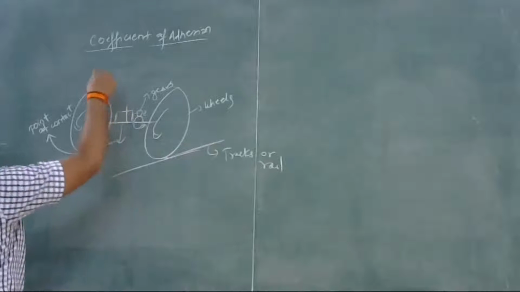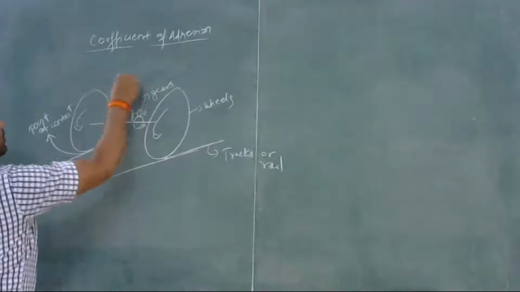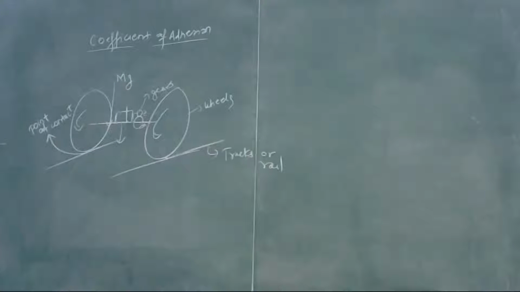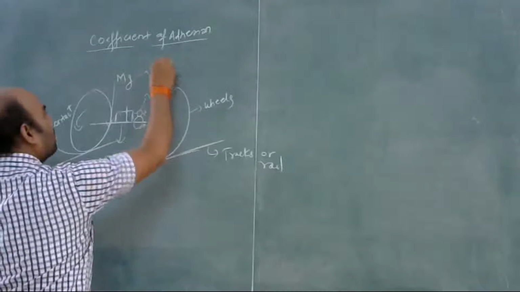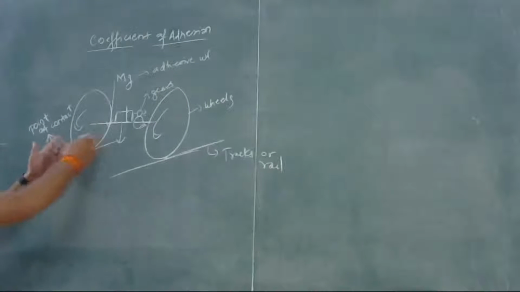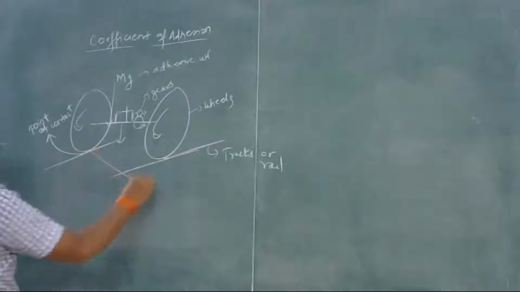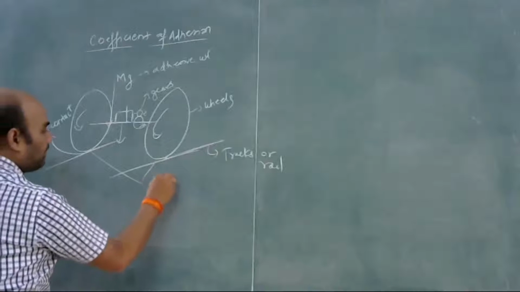Some weight will be there, which is given by m into g. The weight on the driving axle, which is also the weight on the driving wheels, is also known as adhesive weight. So weight on this axle or driving wheels is the adhesive weight. These wheels are also known as driving wheels.